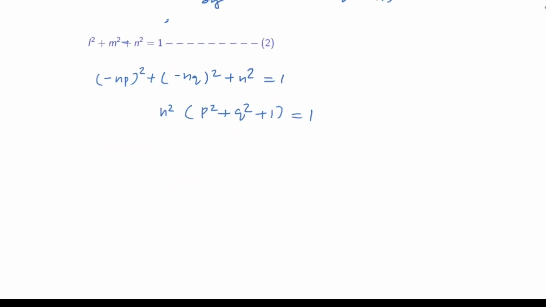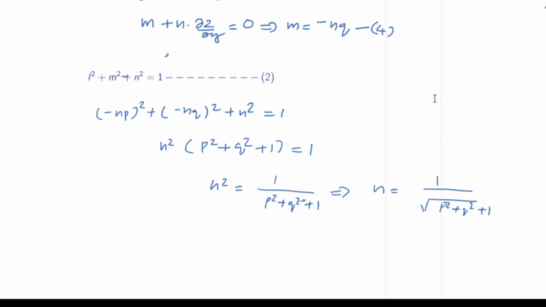Now we can keep n² on one side and move the other to the other side. So n² = 1/(p² + q² + 1), which implies n = 1/√(p² + q² + 1).